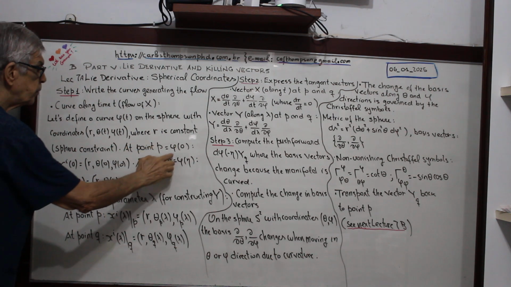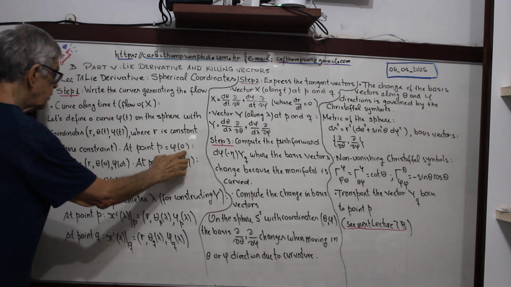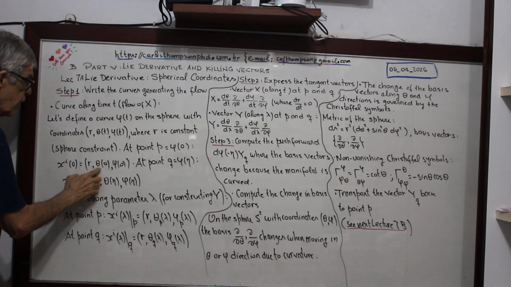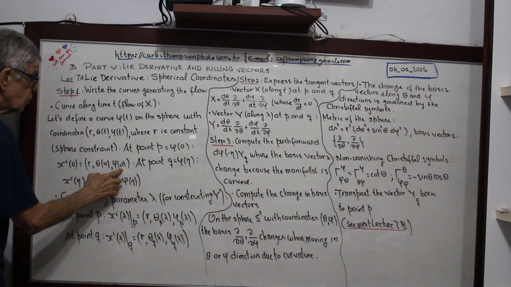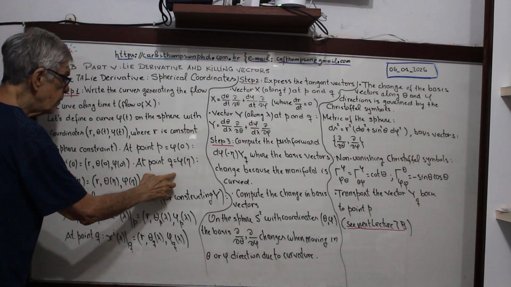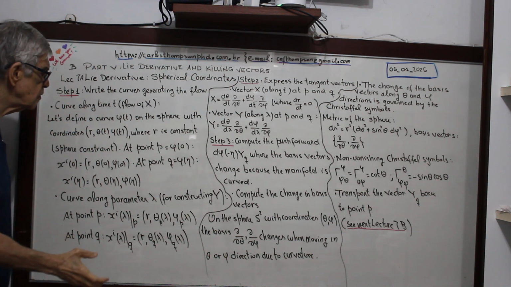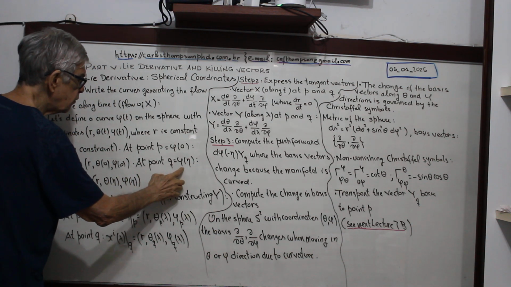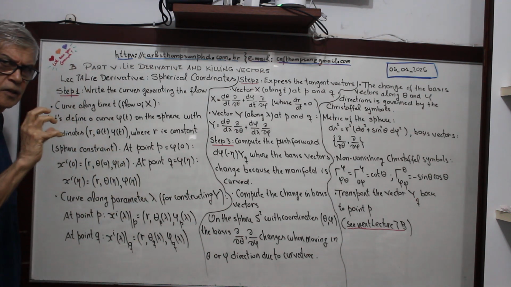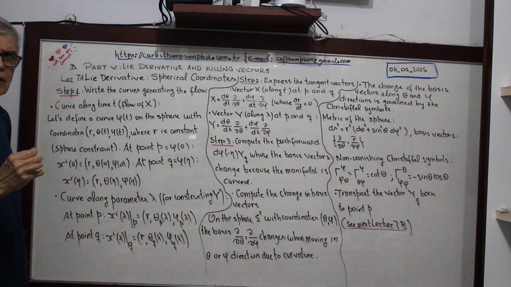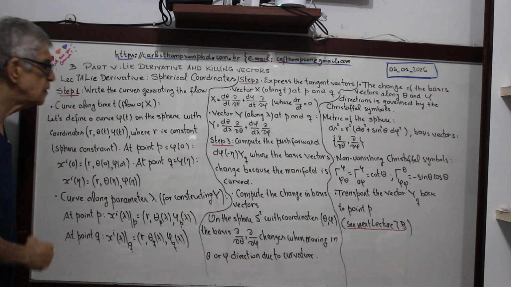At point P, xi of 0 is defined as x of r, theta of 0, and phi of 0. At point Q, as we emphasized before, point Q is xi of eta, where eta is a tiny increment, which corresponds to the time t_Q.